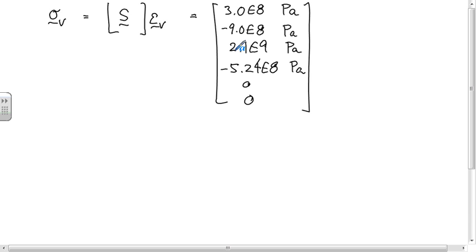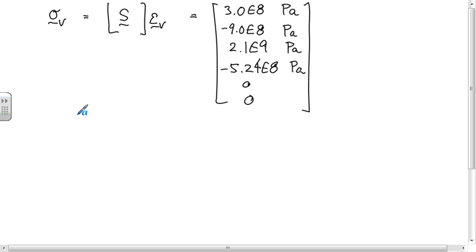And so you're going to have to apply a stress to it just to keep it from expanding or contracting. So even though there's no strain in the x direction, you have to have a compressive stress acting on it in order to maintain that shape. Okay, so that's the Voigt stress.